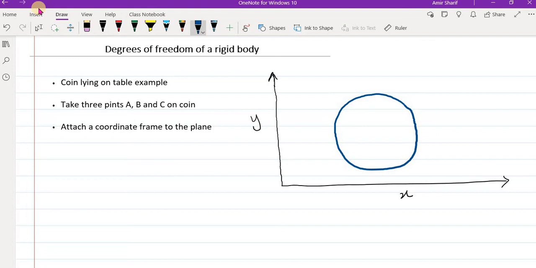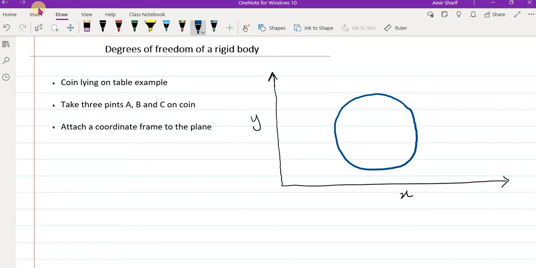But now in this slide we are going to make a systematic method that helps us to find the degrees of freedom of objects in complex environments, for example in 3D or more complex objects that are not just simple or in 2D.